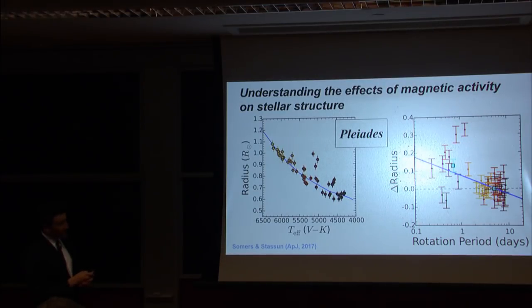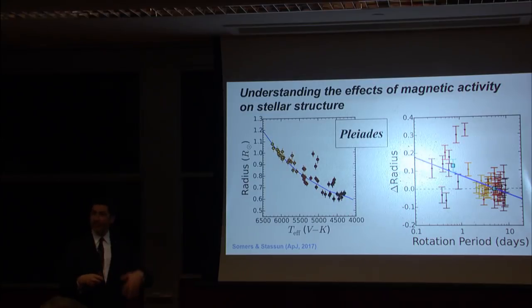We were interested in this idea of the temperatures becoming cooler and the radii becoming larger, this radius inflation effect. Because in the Pleiades, which is relatively young, we have a number of stars that are rotating fast and are chromospherically active, and now we have distances. We don't even have to assume a distance. We can measure the individual distances to the stars. We can pseudo-interferometrically measure the individual stellar radii.